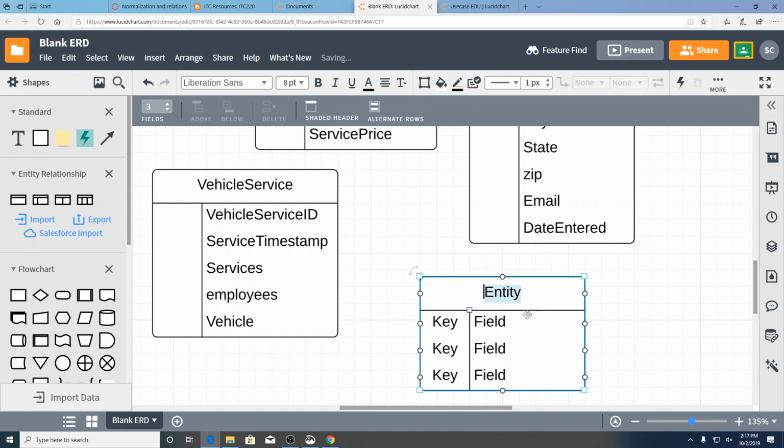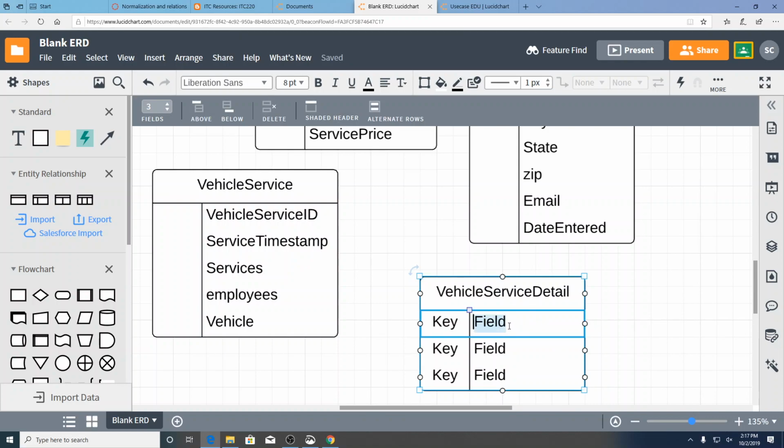So this is the vehicle service. I'm going to do a vehicle service detail. Now that's a terrible name, but whatever.